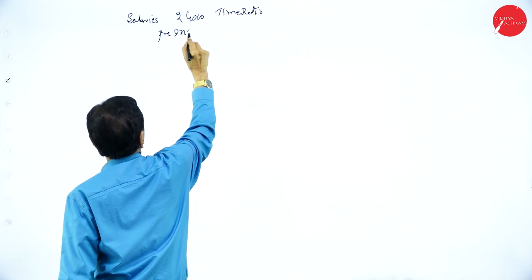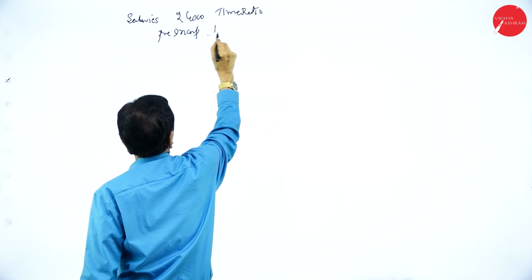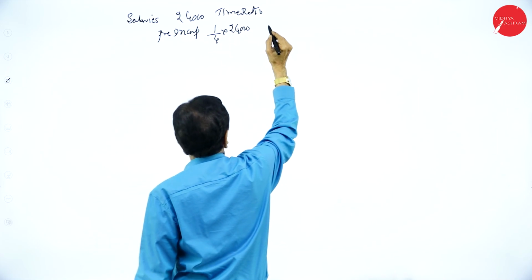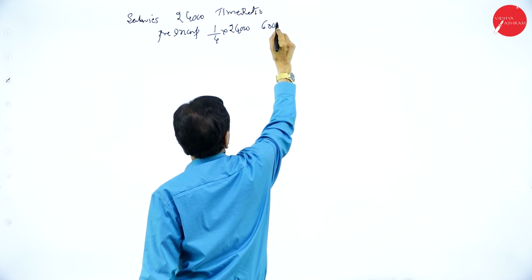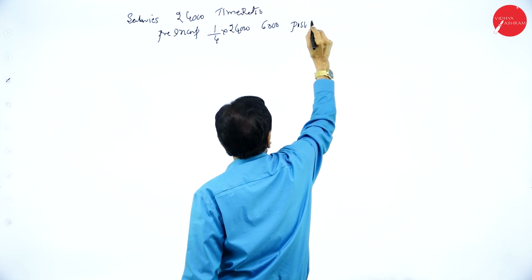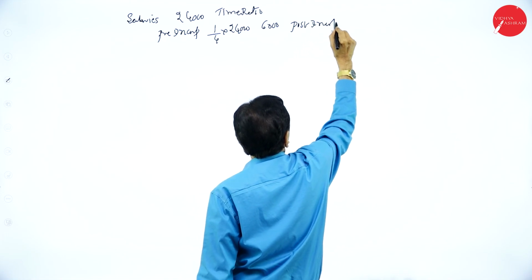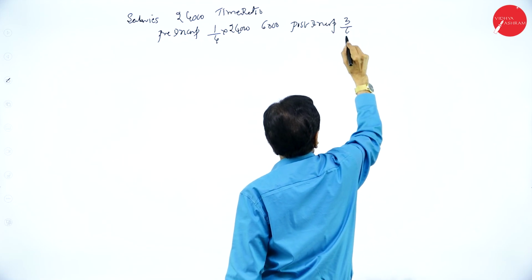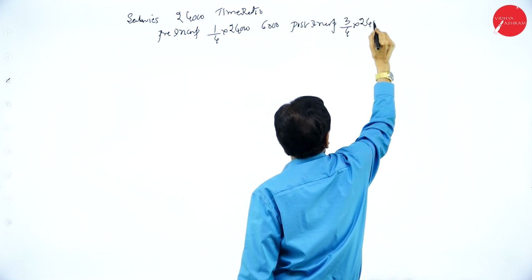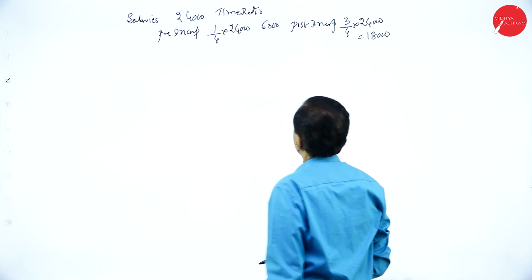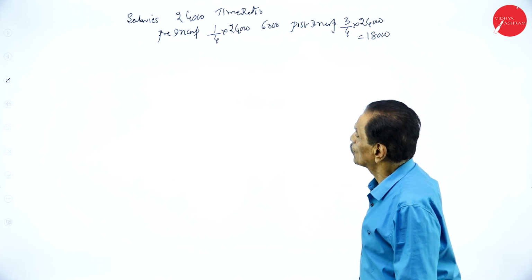Pre-incorporation is 1/4 of 24,000, that is 6,000. Post-incorporation is 3 by 4 of 24,000, that is 18,000. So 6,000 and 18,000 go to salary.